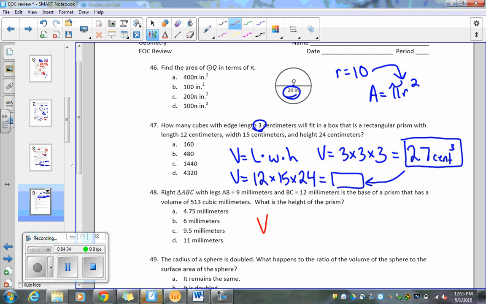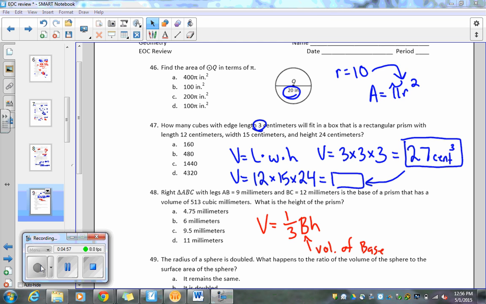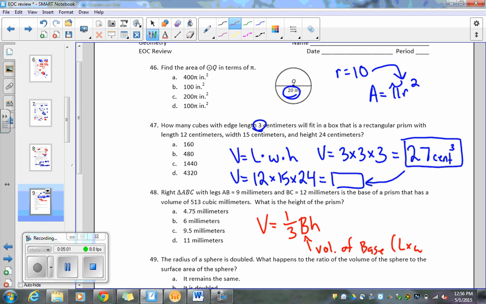The volume of this is 1/3 times big B times H. Remember, big B is the area of the base. The area of the base is length times width of the base. We already have the volume, so we're working backwards here.